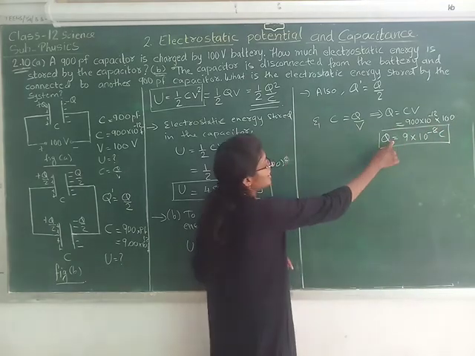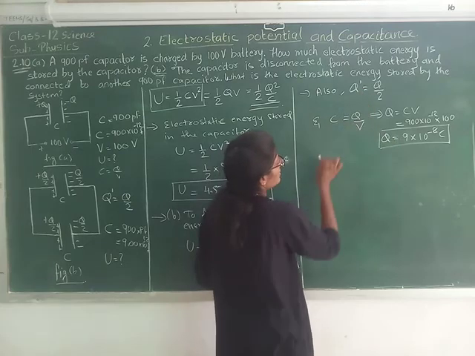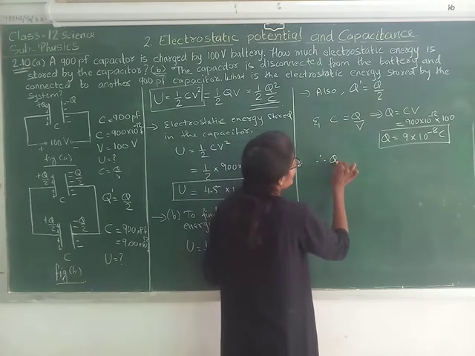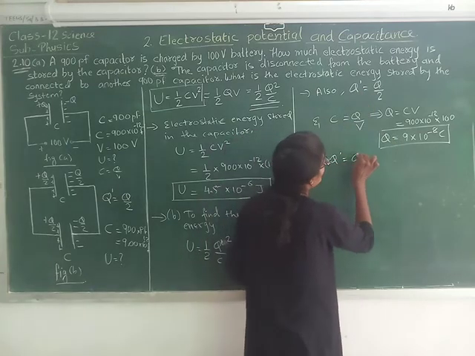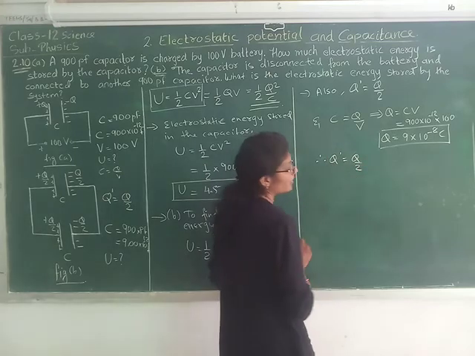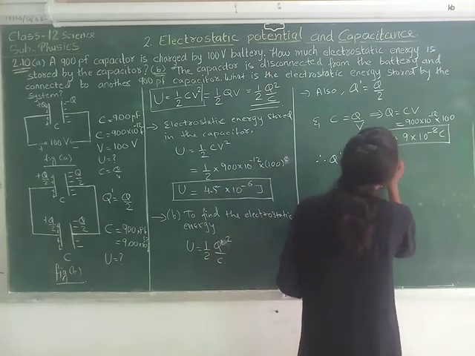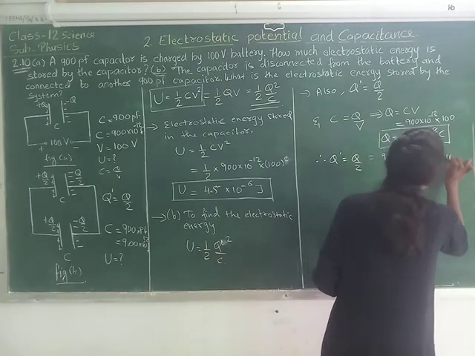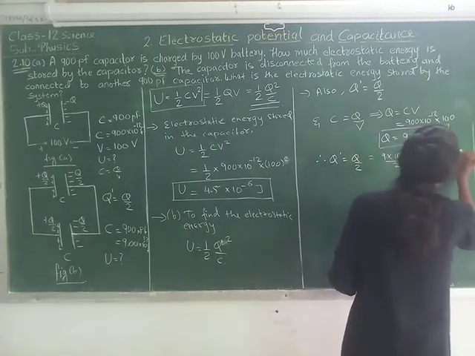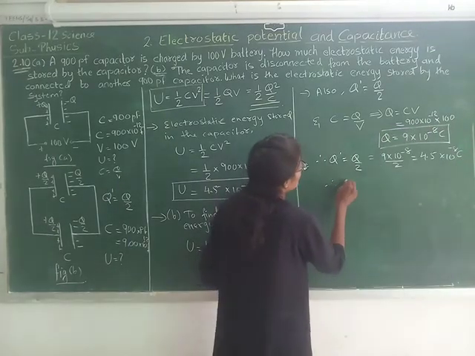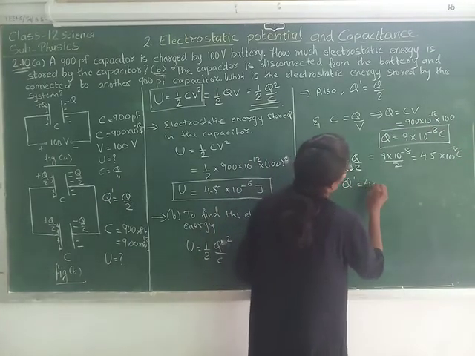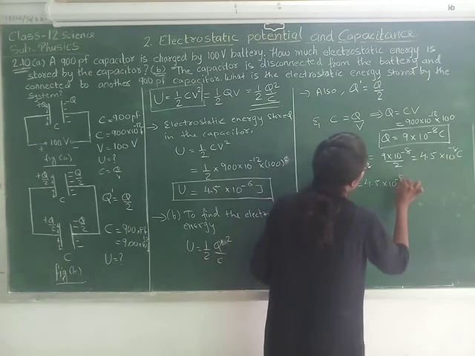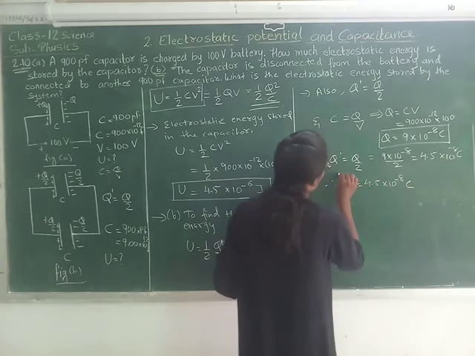We got Q, so what will be Q dash? Q dash equals Q by 2, that is 9 into 10 raised to minus 8 divided by 2, which is 4.5 into 10 raised to minus 8 coulomb.